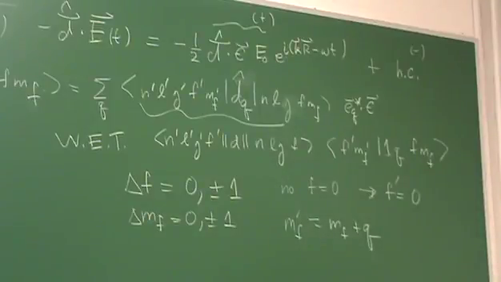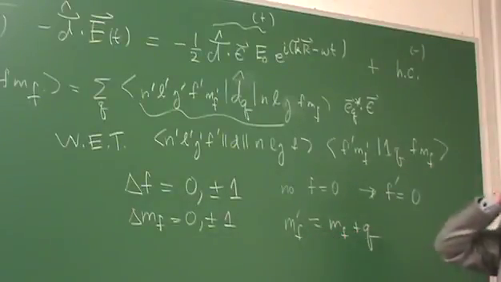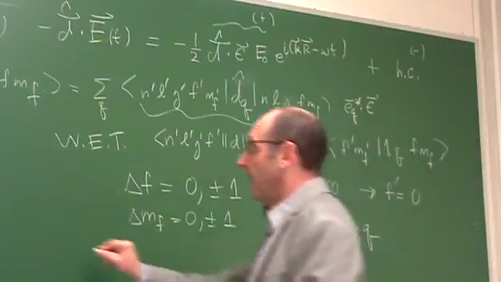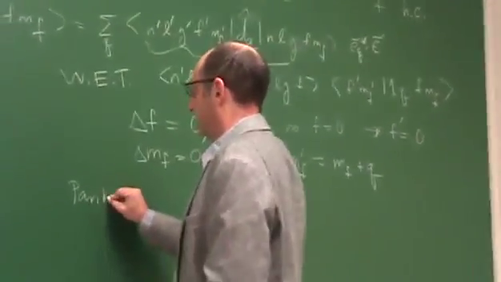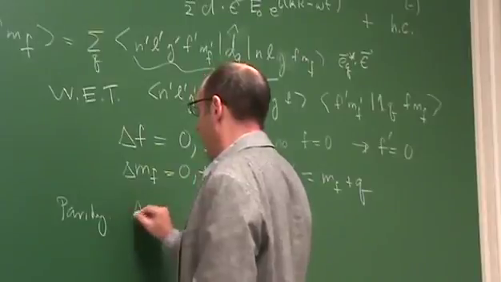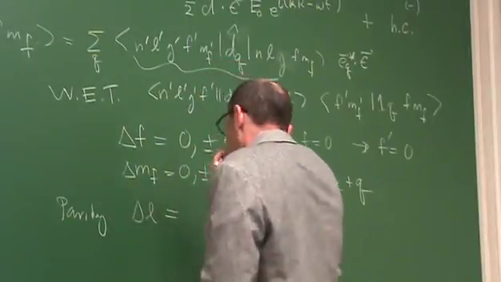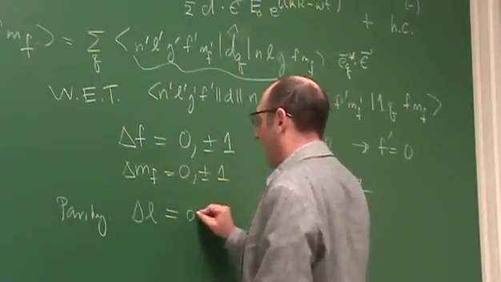Those are the 3 possible values of Q. And for the particular value of Q, M prime has to change in this way. All right? Moreover, we saw from parity that delta L has to be odd.